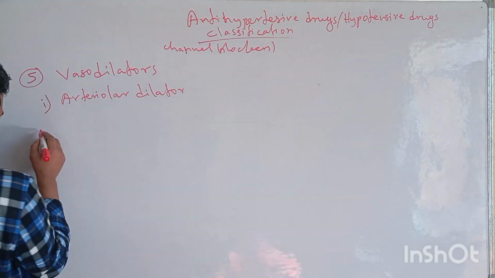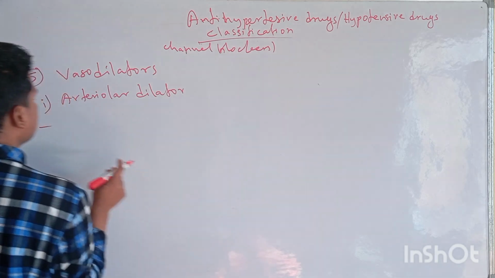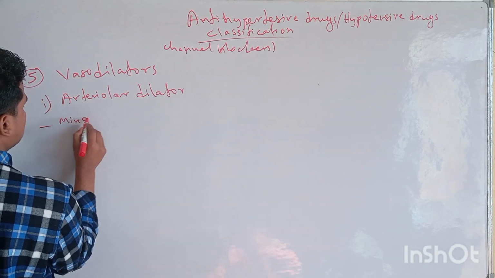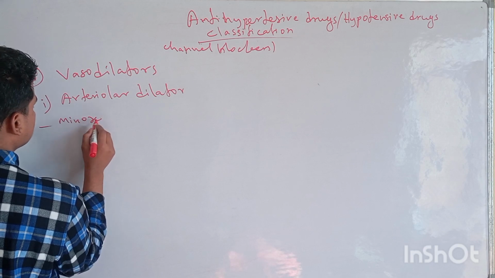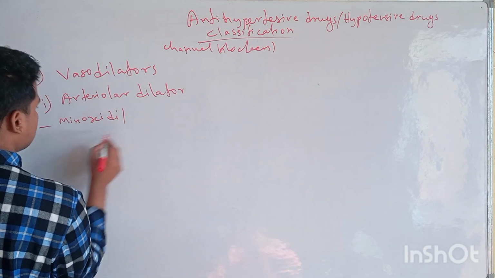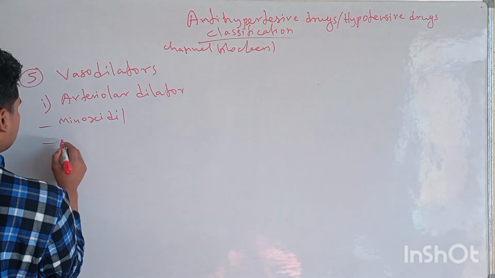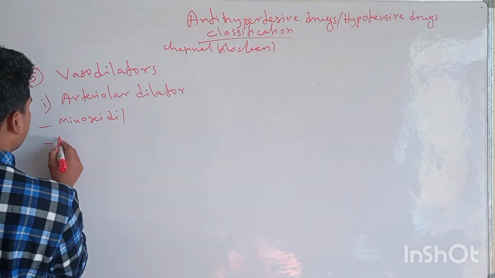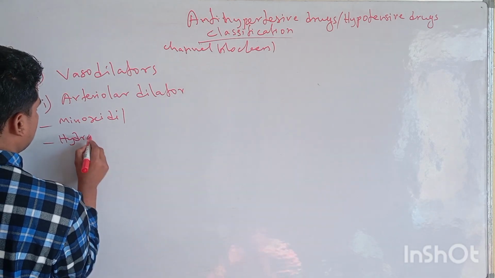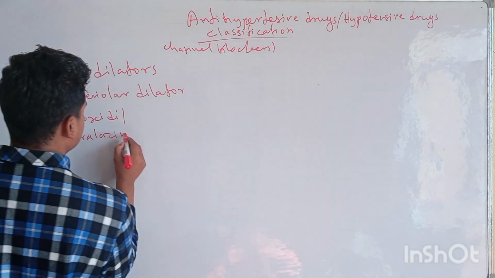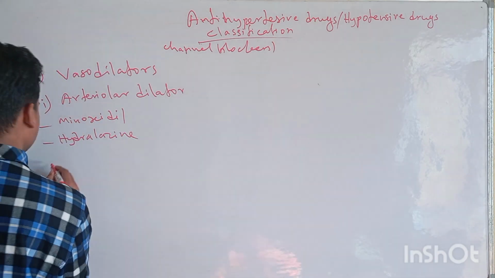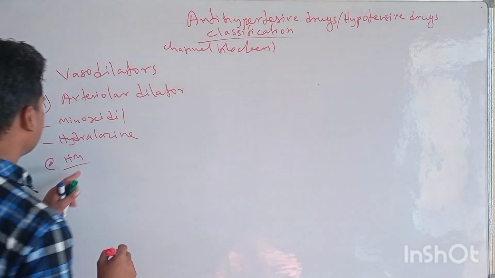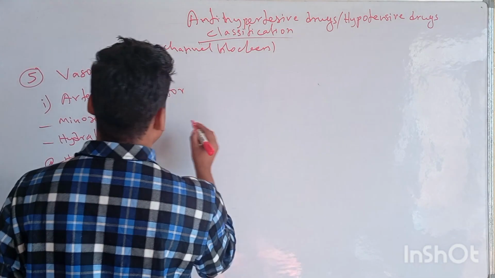Arteriolar dilator examples will be minoxidil and hydralazine. Remember as HM, hotel management.